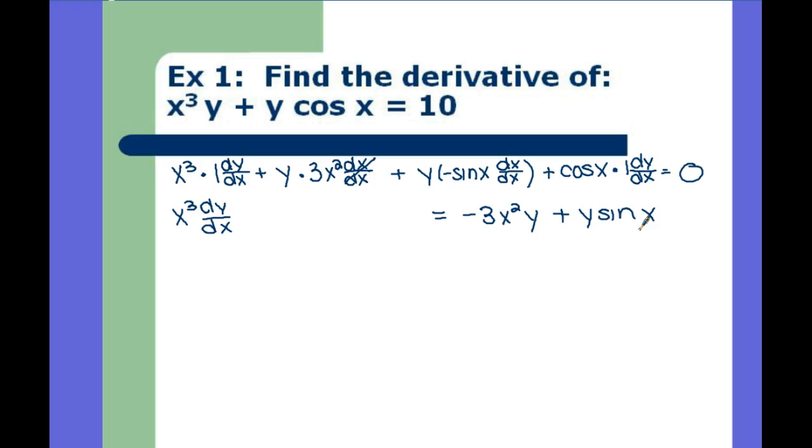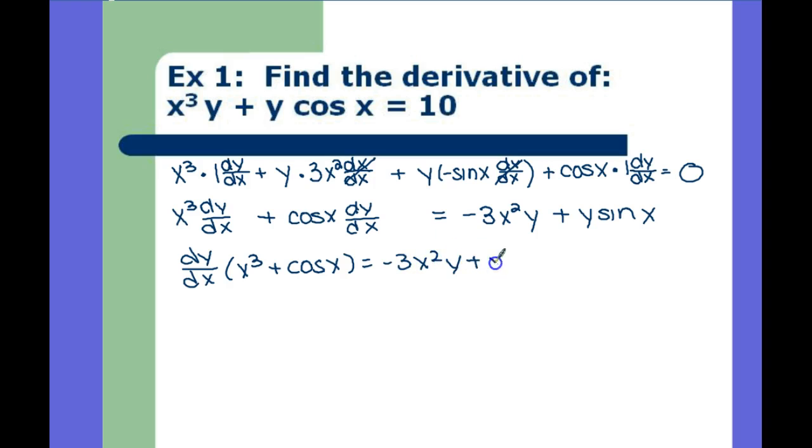And cosine dy/dx stays. GCF out dy/dx. Divide, yes, and then you're done.